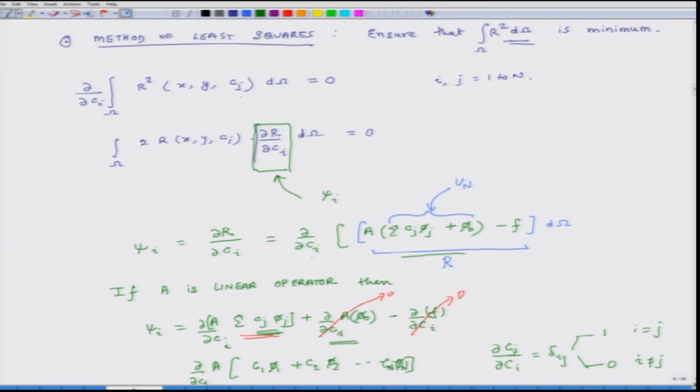Because of this, if I am differentiating with respect to the ith constant, all other terms will vanish and the only term which will remain will be A of phi I. Understood?